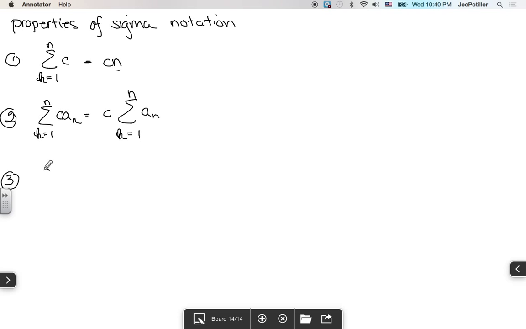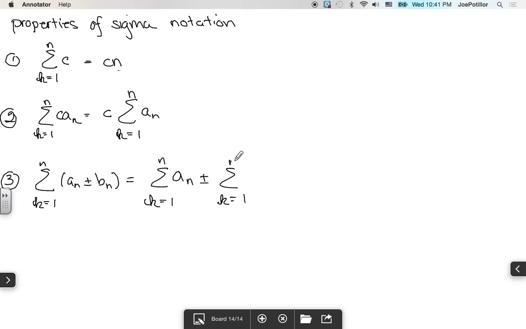So the sum is equal to the sum of a sub n plus or minus the sum from k equals 1 to n of b sub n. Okay? So you can add or subtract them. Multiplication, however, does not have that property. We don't multiply these.